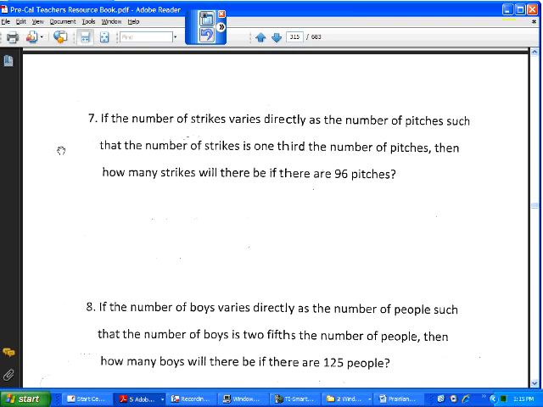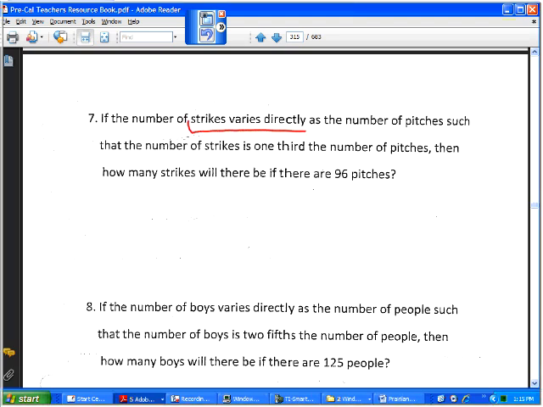If the number of strikes varies directly as the number of pitches, such that the number of strikes is 1/3 the number of pitches, then how many strikes will there be if there's 96 pitches? Now, when we said that, did we say that y varied directly as x or x varied directly as y?